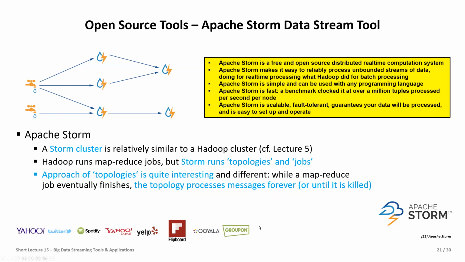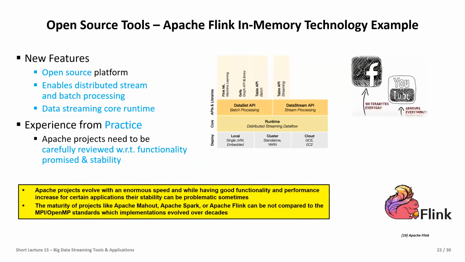You see here many other players using it in combination with other things. As you know, Spotify was also using, for instance, S3 from Amazon. So you see even the big players in the industry use very different services to fulfill the whole strategy of a product. Here you have Apache Flink, which is yet another of these products, an in-memory technology example where the role that memory can play is very important, because we know it's very fast.